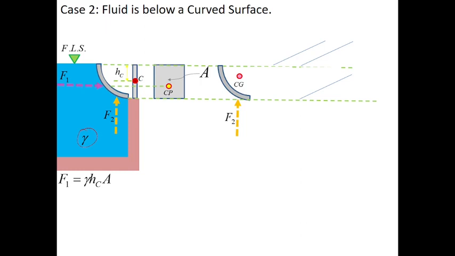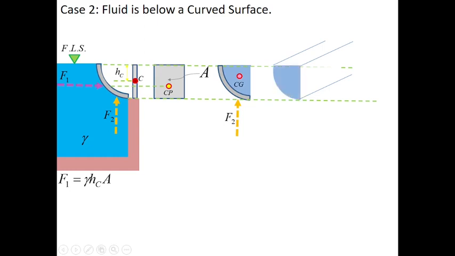So yun ang ating computation sa computation part. So we consider the liquid. So meron tayong imaginary liquid sa loob, dito sa part na to. In actual, wala naman talagang liquid dyan, pero para sa computation part, we imagine na merong liquid dyan. So this is now our imaginary liquid.